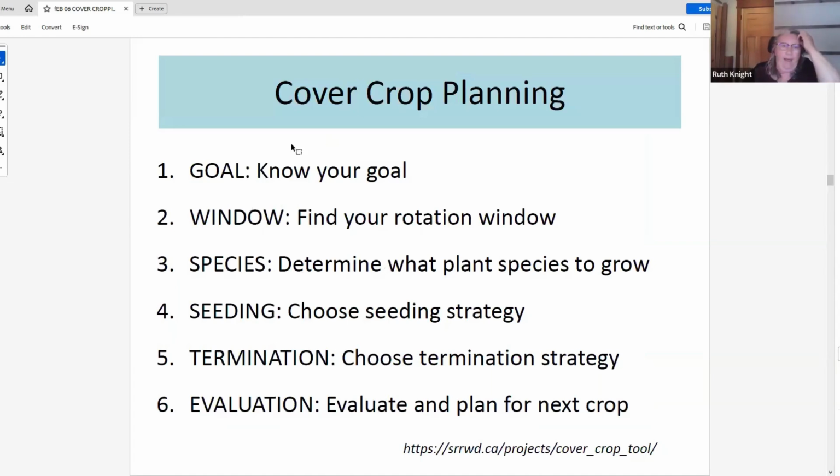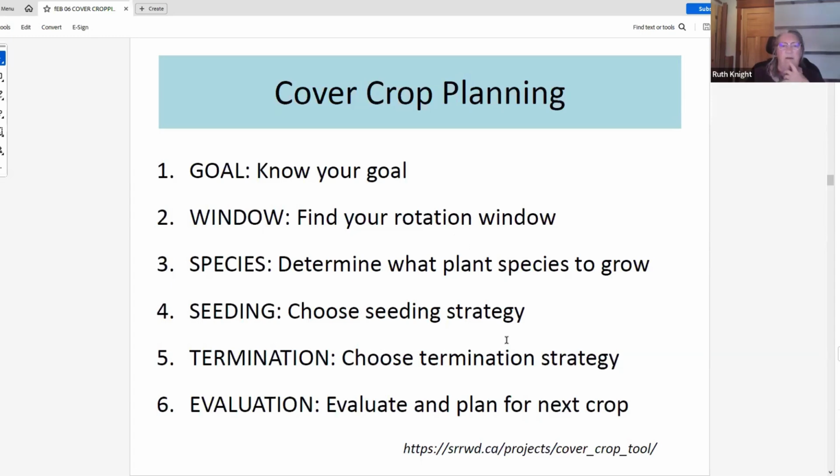So I have 6 steps in terms of cover crop planning. A lot of this presentation has come from the work of the Seine Rat Watershed and the cover crop planning guide that they put together.